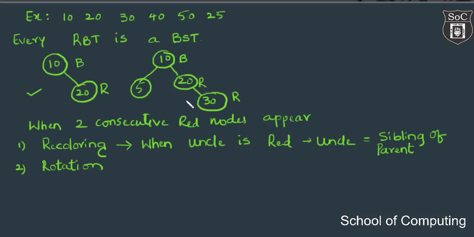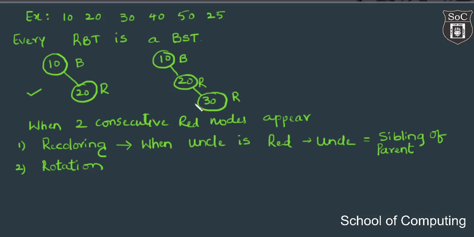Got the point? Uncle means sibling of parent. But in our example here, do we have a sibling for 20? 20 is the only child of 10. There is no sibling for 20, so automatically 30 will not have any uncle.